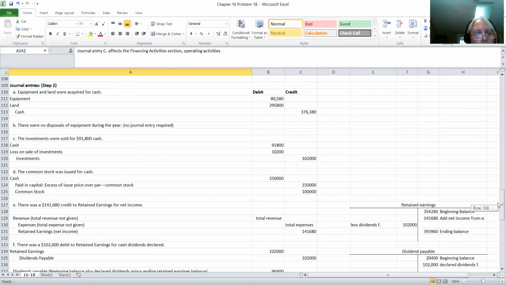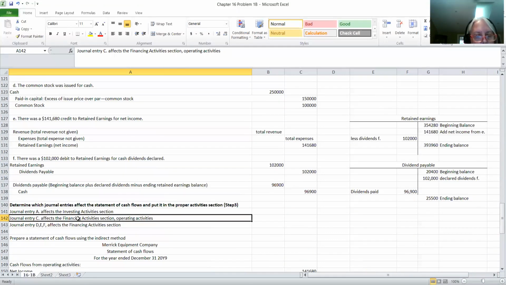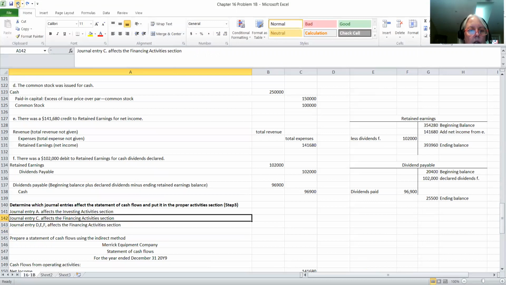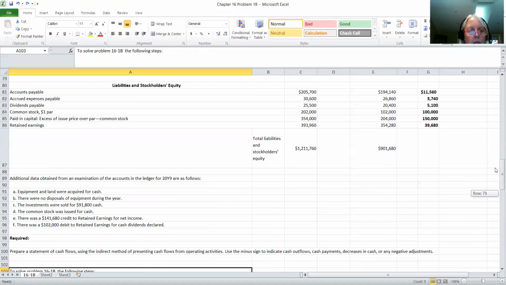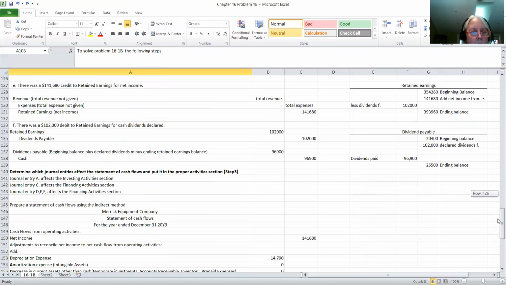We sold investments. And so that's going to go in the investing activities section. So I need to change this to say investing activities section. Okay, let me get this changed properly. Flipping back and forth all over the place.